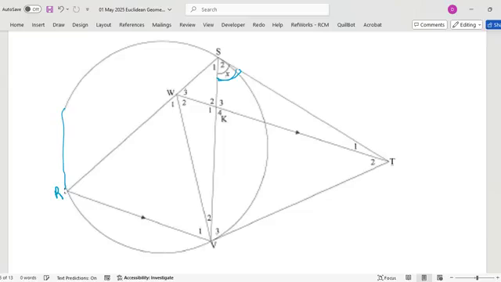Yes. Which angle? V3. What would be the reason that V3 is X? Tangents drawn from outside the circle. Okay, tangents drawn from the same point are equal in length, or we can say angles opposite equal sides. I agree with that. What other angle equals to X?